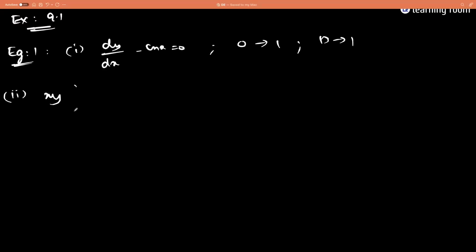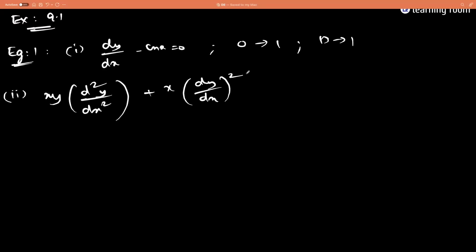xy into d square y by dx square plus x into (dy by dx) the whole square minus y into dy by dx is equal to 0. Order 2, degree 1, because the power of the highest order is 1.